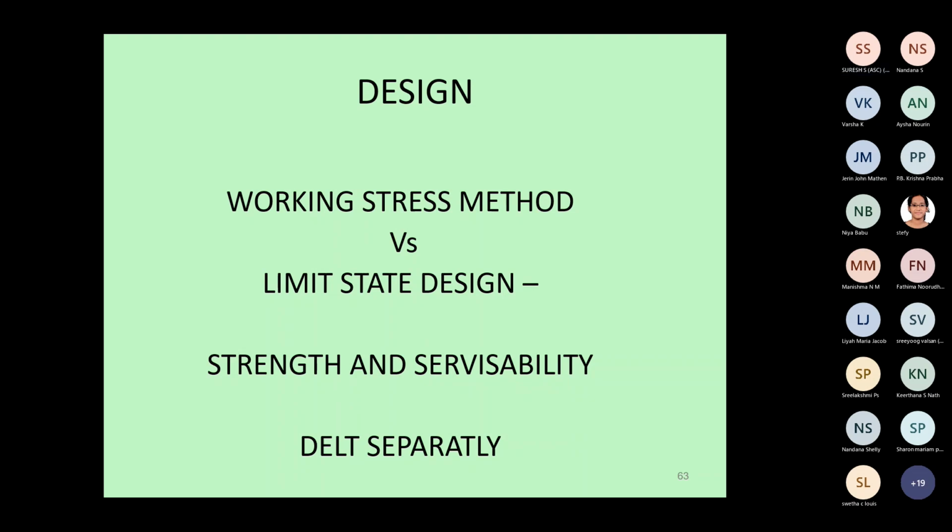Now, this process of design has originally been done through the allowable stress or working stress method, which we discussed in the last class, wherein out of the failure load in any material, if concrete, it is fck. We all know that when you do a compression test in a compression testing machine with a cube of 15 centimeter by 15 centimeter by 15 centimeter, it will fail at a maximum peak load, if tested on the 28th day.